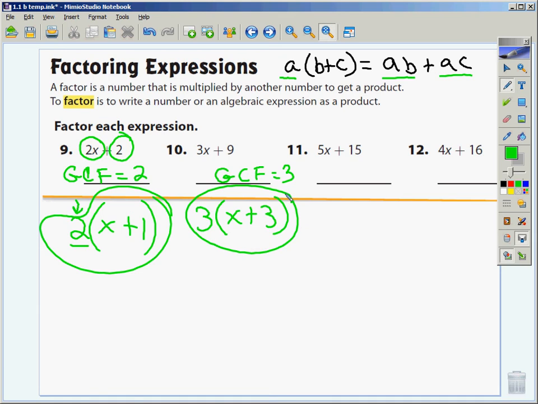Which one do you want me to do, 11 or 12? 12. What's the greatest common factor, David? 4. What am I going to multiply 4 by to get 4x? 1 what? What am I going to multiply the 4 by to get 16?